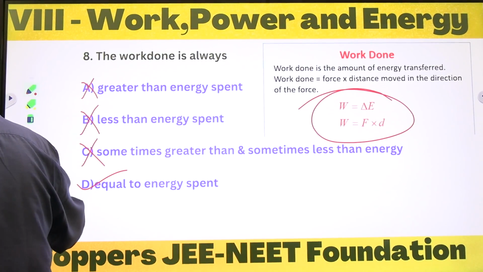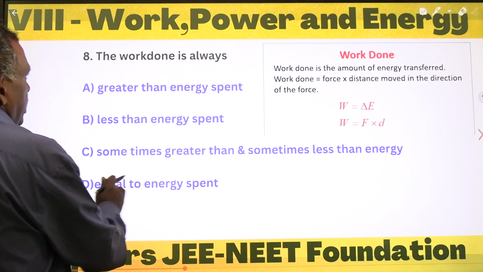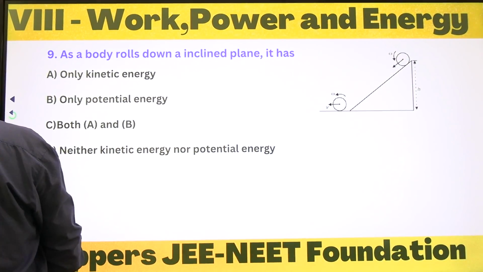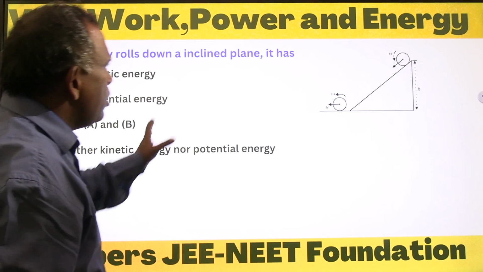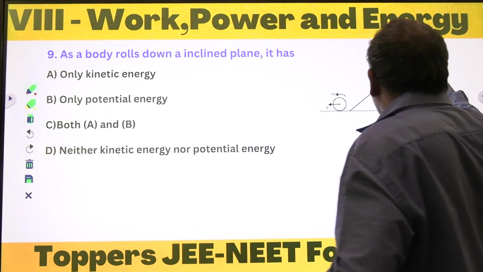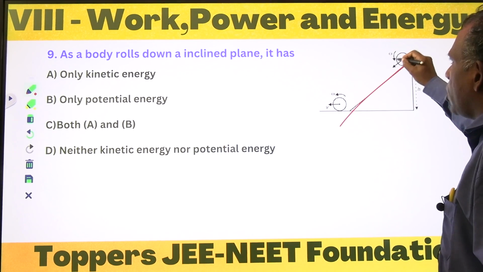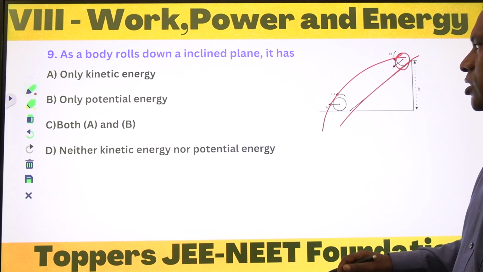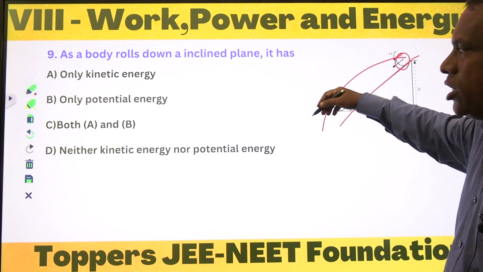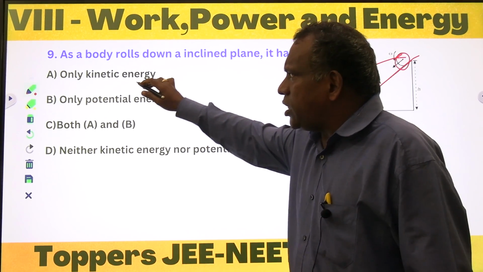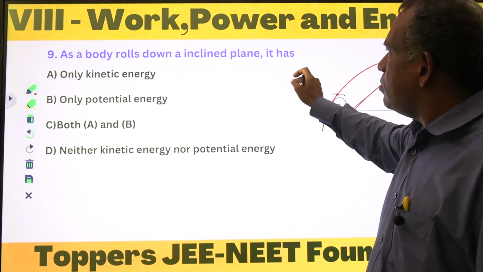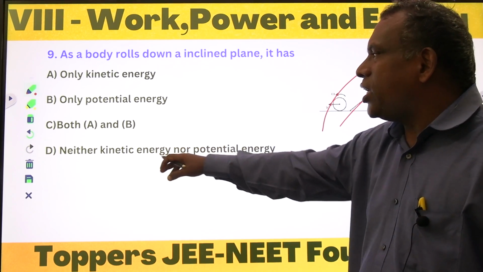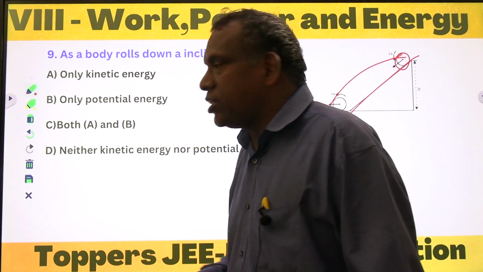So next question, that is the 9th question. As a body rolls down on an inclined plane, there is an inclination and a body is rolling on this inclined plane, so it has dash energy. It has kinetic energy, or potential energy, or both A and B, or neither kinetic nor potential energy.